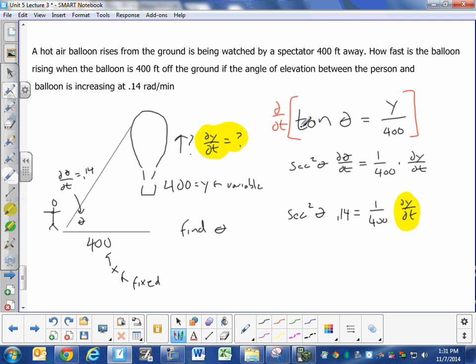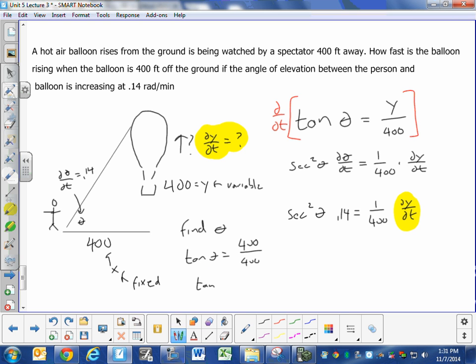Well, I'll find theta using my original situation and knowing that we're trying to find how much we're rising at the specific moment when my height is 400 feet. So I'll say the tangent of theta is equal to my y, which is 400, over my x, which is 400.